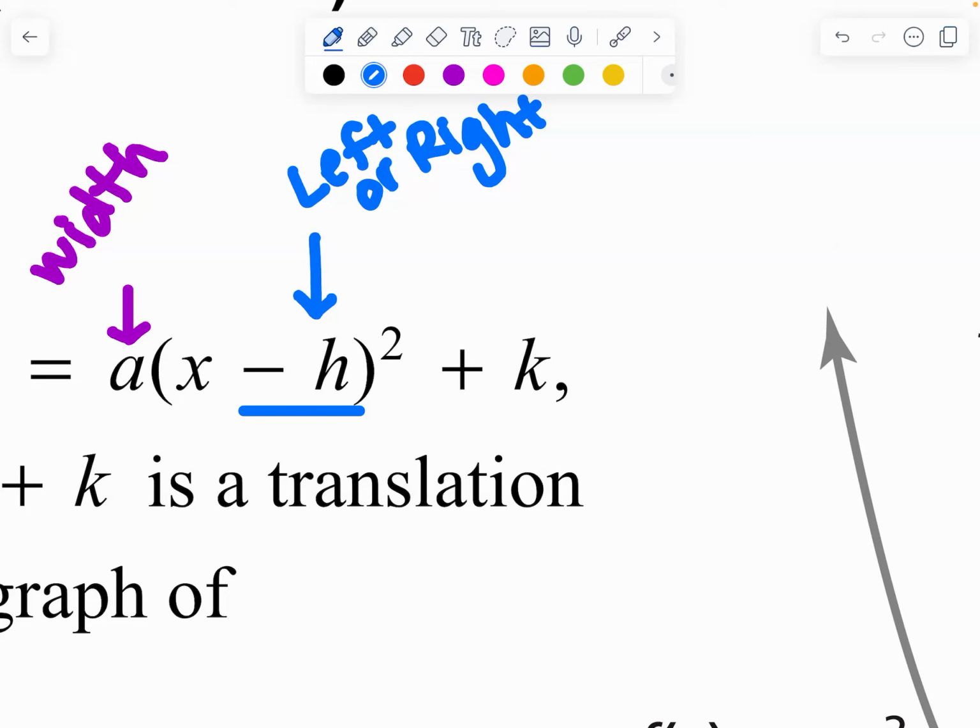Notice how our equation is x minus h. So if this was x minus 3, what way is it going? To the right. If it was x plus 3, it's going to the left, okay? So if it's that x minus h, it's feeling a little backwards from what we want, okay?